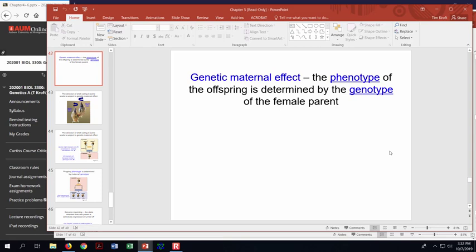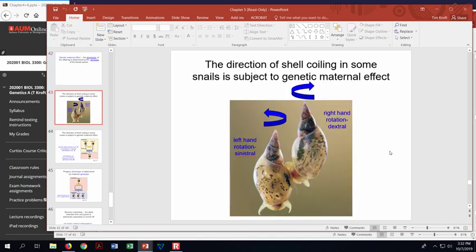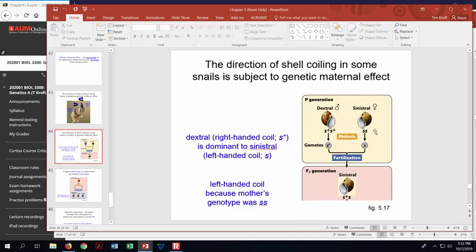That's the reason why. The phenotype of the offspring is determined by the genotype of the female parent. So this one is sinistral because its mother was little s.